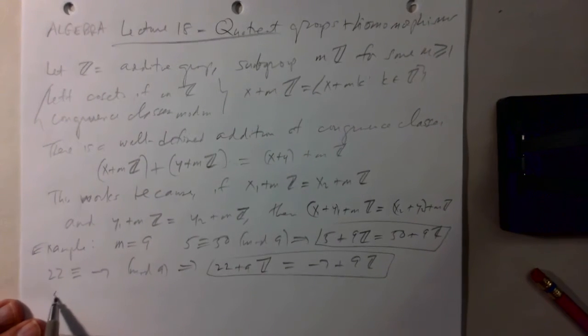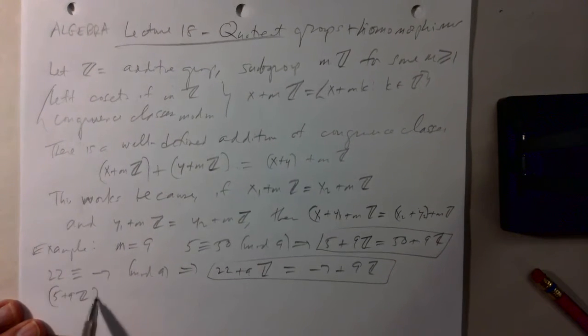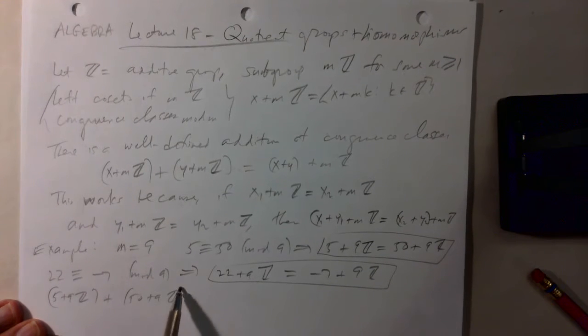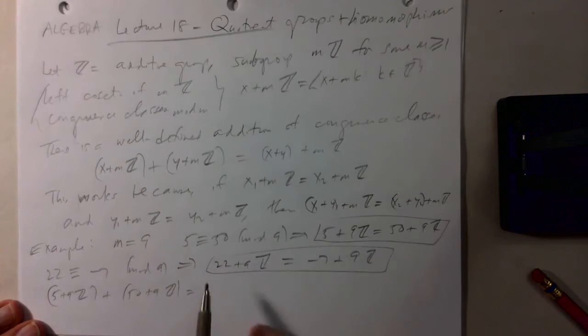If we take 5 plus 9Z and add it to 50 plus 9Z, we get 55 plus 9Z by our addition rule.